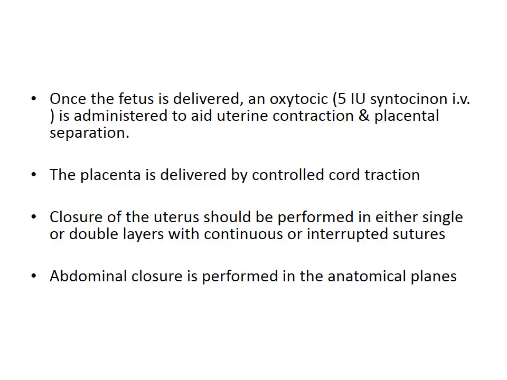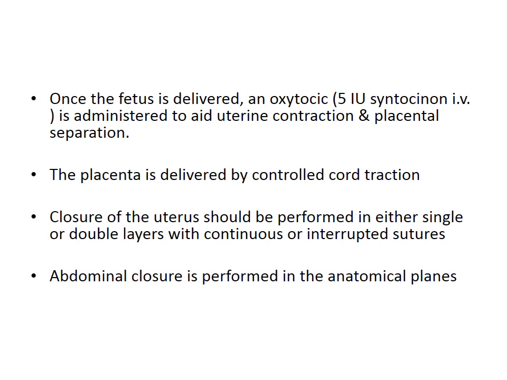Of course, the vertical incision carries more risk of dehiscence in subsequent pregnancies. Now, after incising the uterus and delivering the fetus, oxytocin at a dose of 5 international units Syntocinon should be given intravenously. This will aid uterine contraction and placental separation. And after its separation, the placenta should be delivered immediately by controlled cord traction.